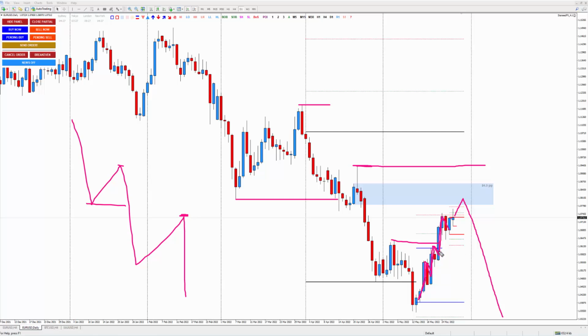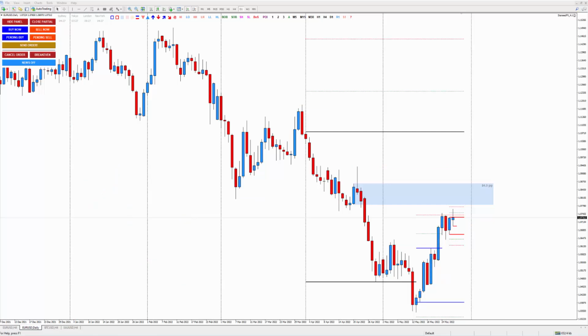Okay, so here, based on D1, this is the minor structure. Let me draw this again. When I see there is a break of structure here, for example, this is the daily high. This is a break of structure, and here is another break of structure.